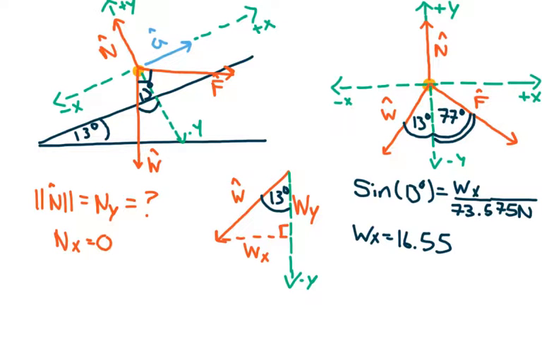Likewise, for the y component, I'm going to use the cosine. So cosine of 13 degrees is equal to the adjacent, so Wy in this case, the y component, over the hypotenuse, which is the magnitude of my weight.